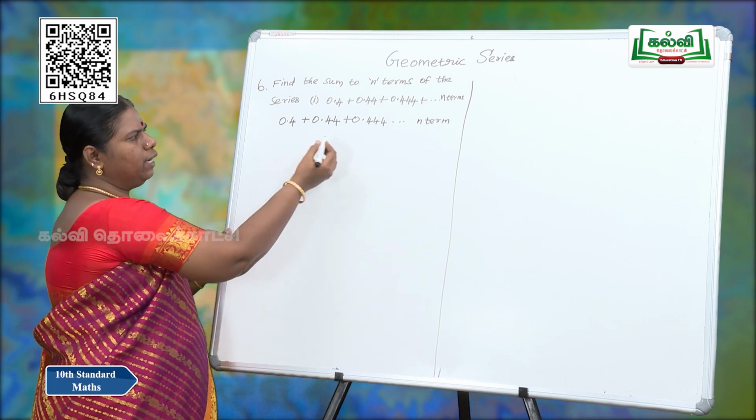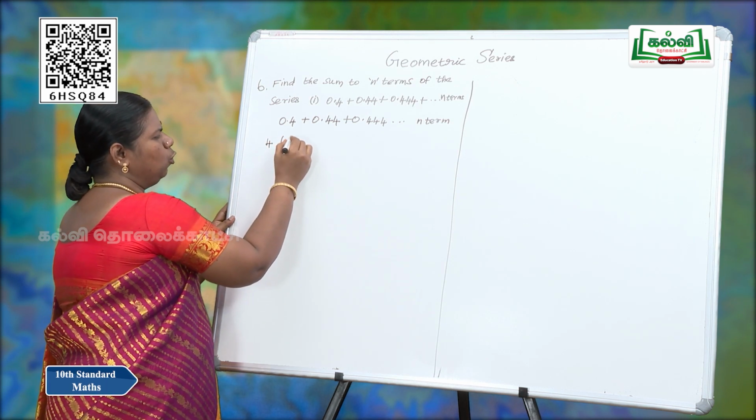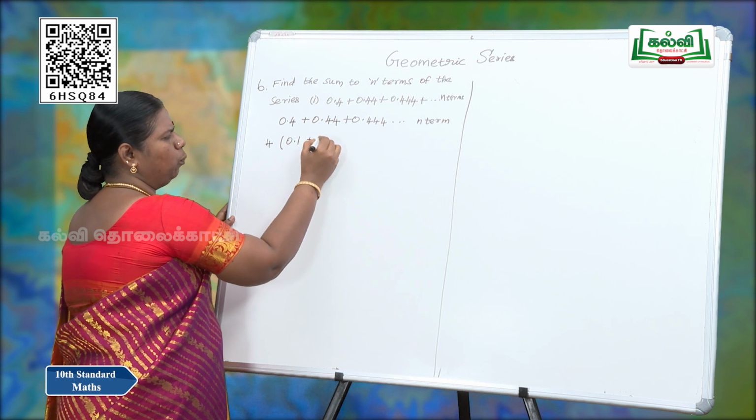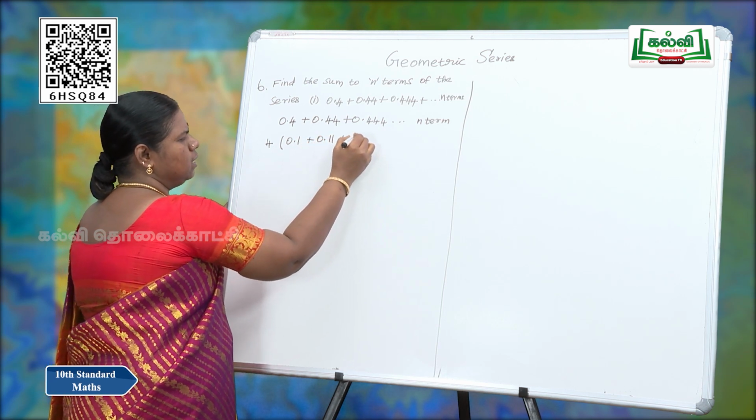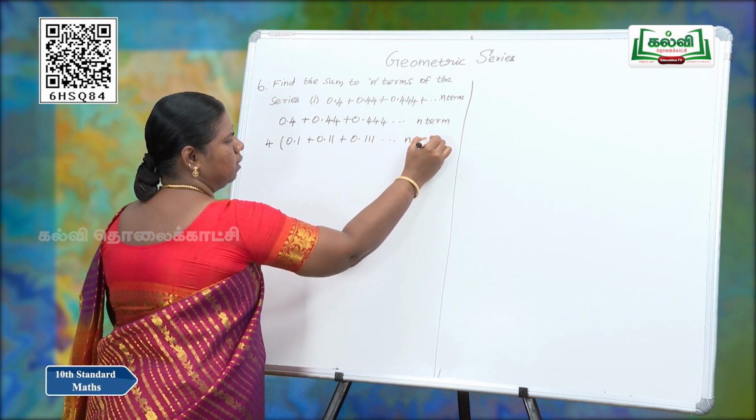So, first we have to take 4 as common. So, 4 into 0.1 plus 0.11 plus 0.111 up to so on n terms.